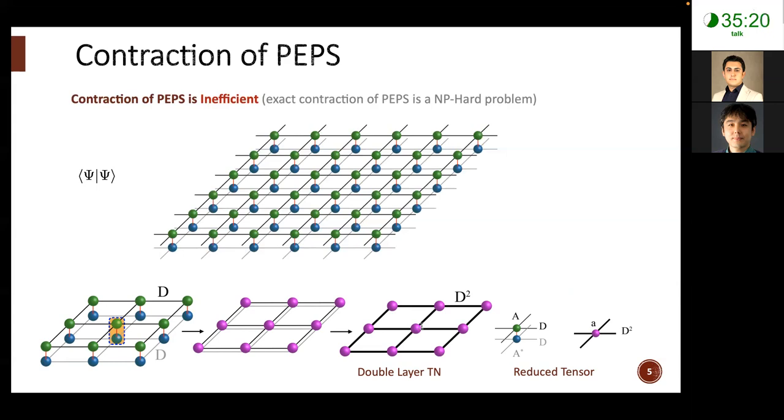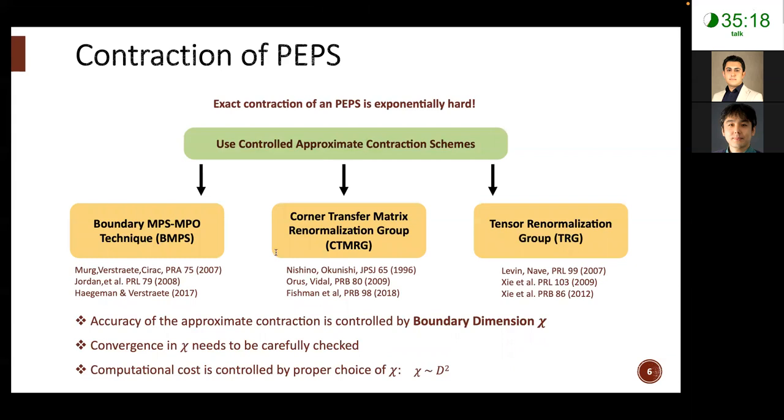Most of you are already familiar with famous algorithms for approximating the contraction of a tensor network in a systematic and controlled way. The boundary MPS technique, corner transfer matrix renormalization group, and tensor renormalization group are three famous examples that have been proven to be very successful in studying many different problems.